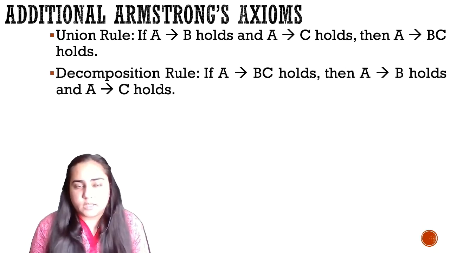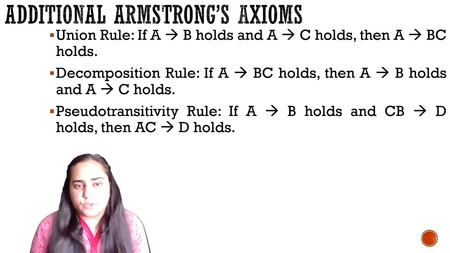The next additional rule is decomposition, which is again a very important one, and we're going to use it quite extensively. It says that if A determines BC, then you can split it and make it A determines B and A determines C. So it's the exact opposite of the union rule.